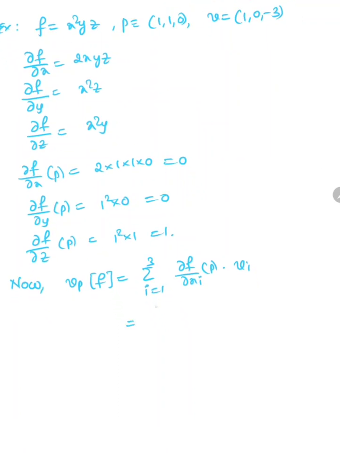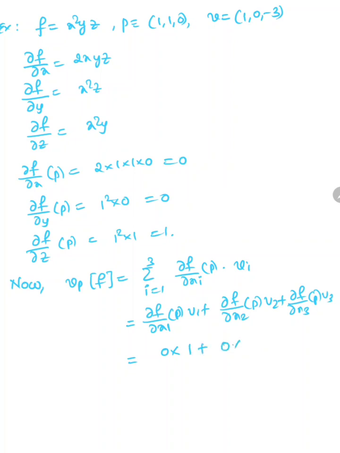This is dou f by dou x1 at P times v1 plus dou f by dou x2 at P times v2 plus dou f by dou x3 at P times v3. We are taking x1 as x, x2 as y and x3 as z, so this is equal to 0 into v1 which is 1, plus 0 into v2 which is 0, plus 1 into v3 which is minus 3. So this is equal to minus 3.